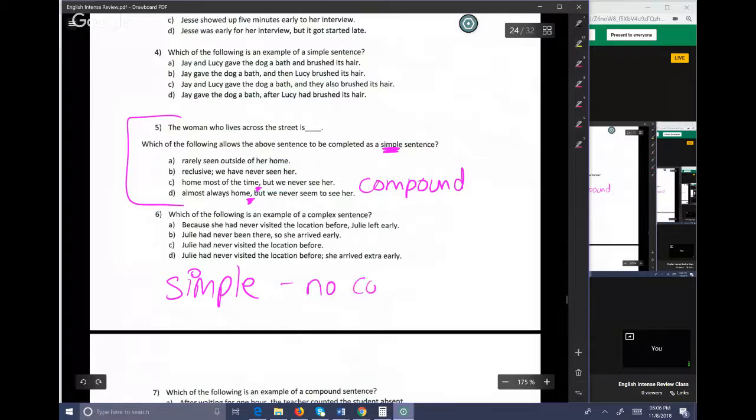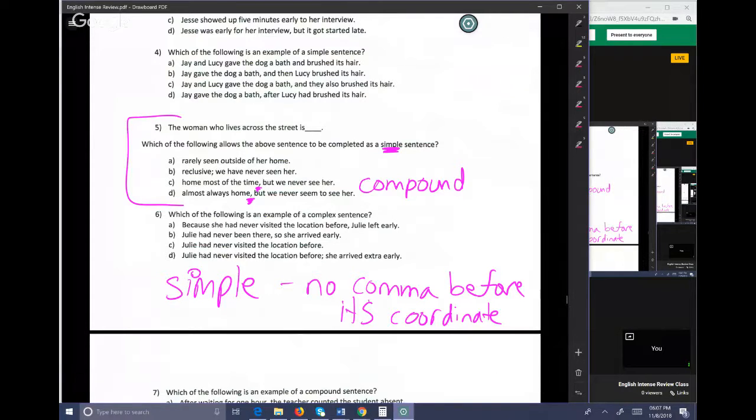It would not have a comma before its coordinate. And I always said don't do anything with punctuation in my original classes. I still sort of stand by that. I want you to have as much visibility as possible, but I do want you to be very careful about the fact that punctuation is not the best way to identify this.